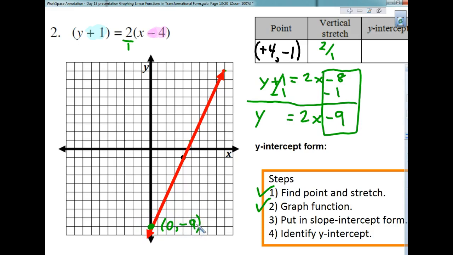There we go. Yeah, the y-intercept is always going to have x equal to 0 because it's on the y-axis. So every single one of these points on the y-axis is 0, something. So it goes without saying that if you're finding a y-intercept, it's always going to be 0, something.